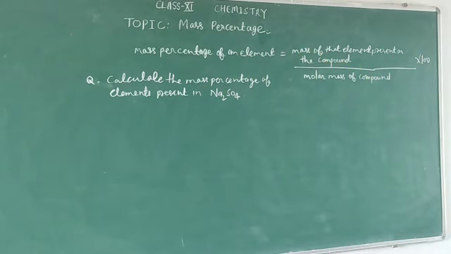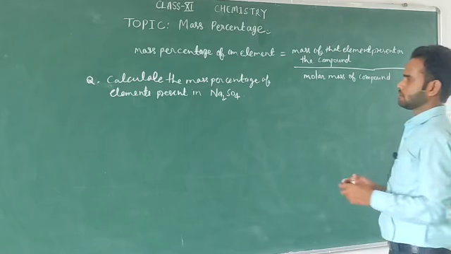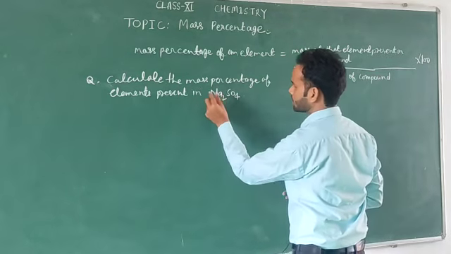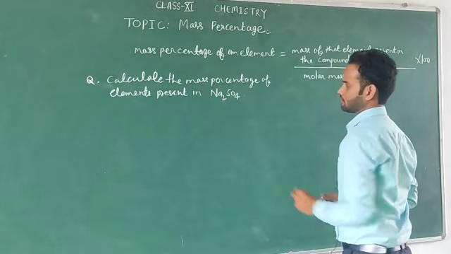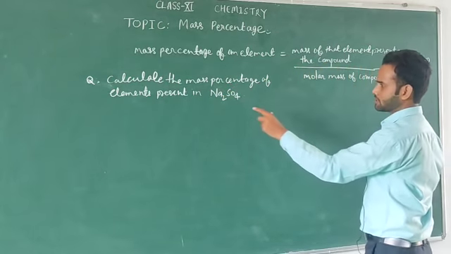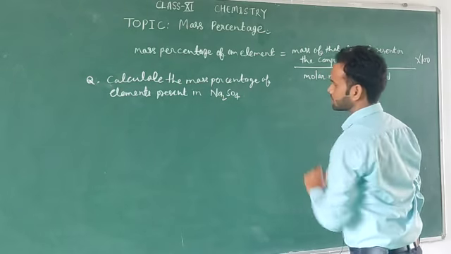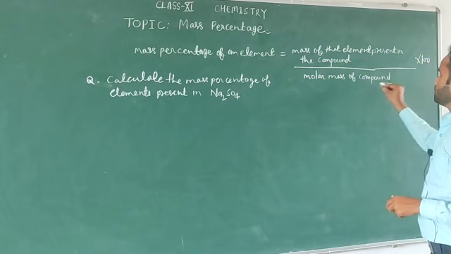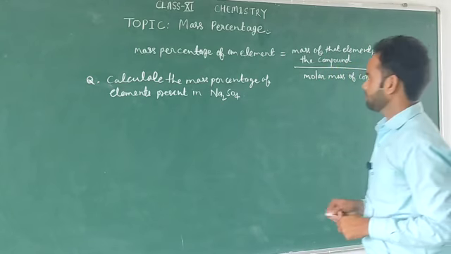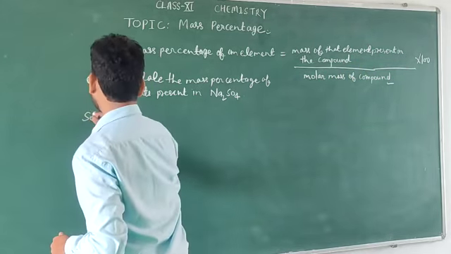So in this question we have to calculate the mass percentage of the elements which are present in this sodium sulfate. The elements are sodium, sulfur and oxygen. So first of all we have to know the molar mass of this compound. Okay, so let's solve it.